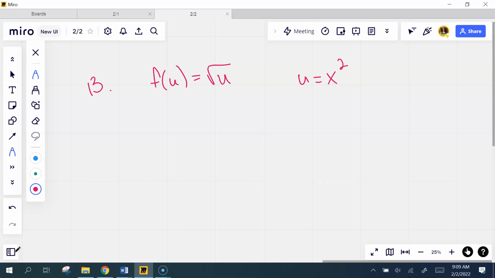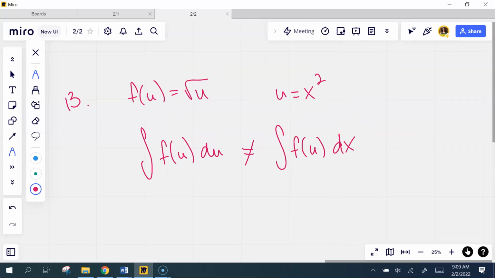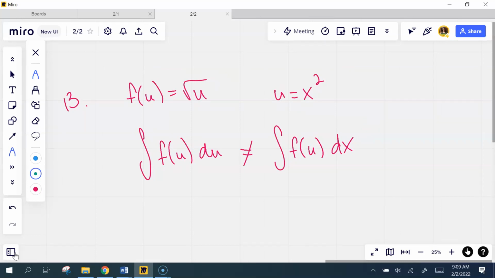And what does it say to do? Verify. All right, so, well, let's find what these things are.